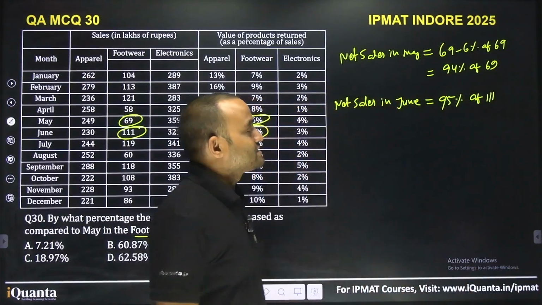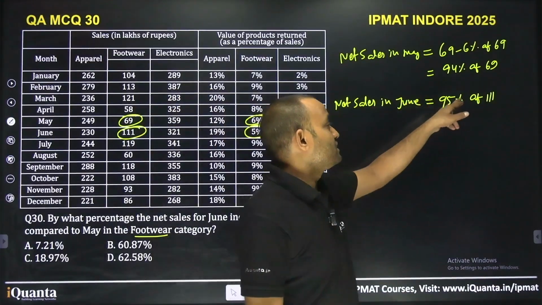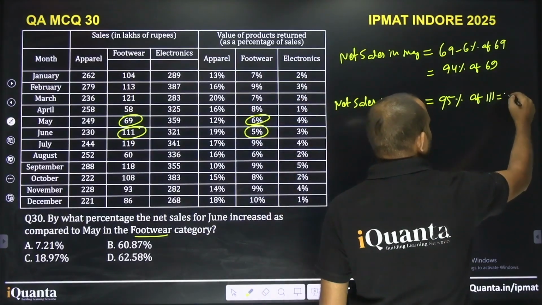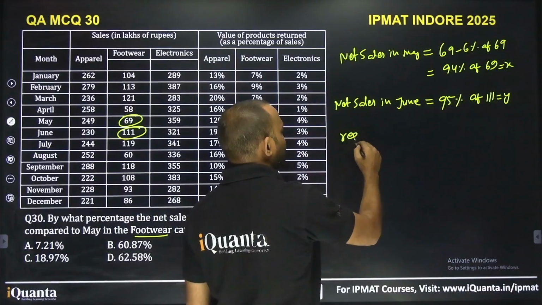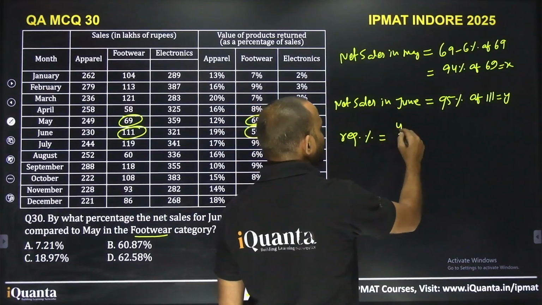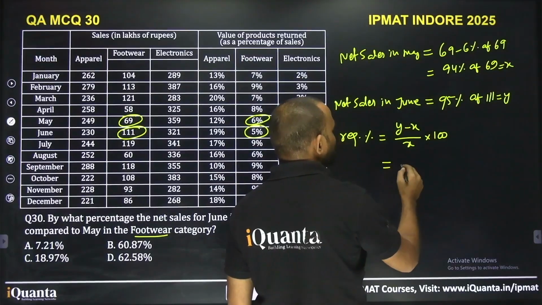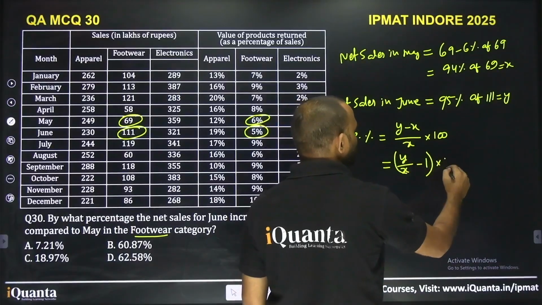Now the question says this value is what percent more than this value. If I say this value is y and this value is x, what we need to find? The required percentage will be equal to (y minus x) upon x into 100, or we can also say y upon x minus 1, into 100.